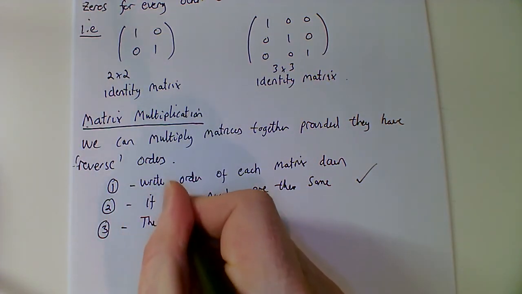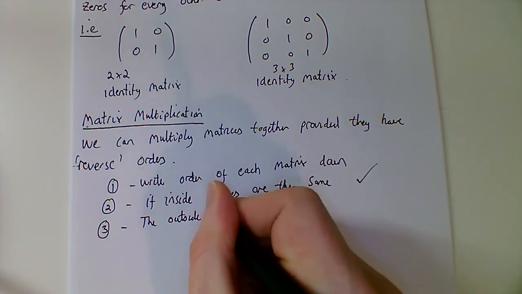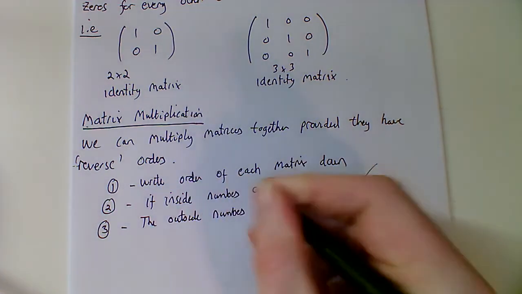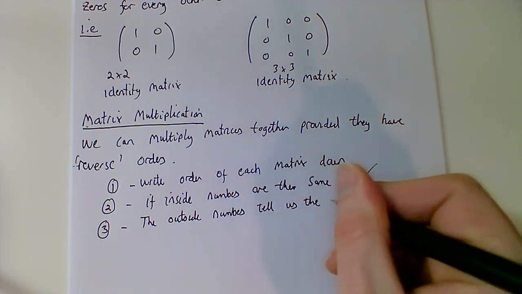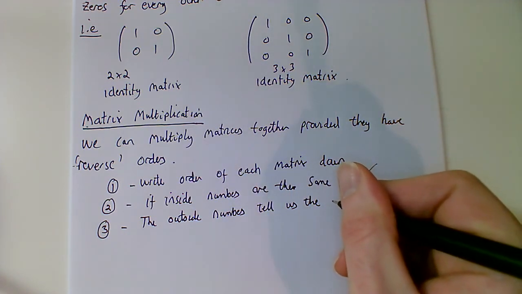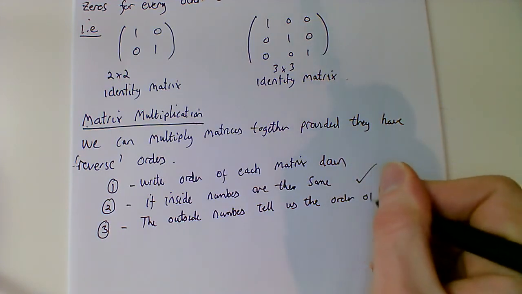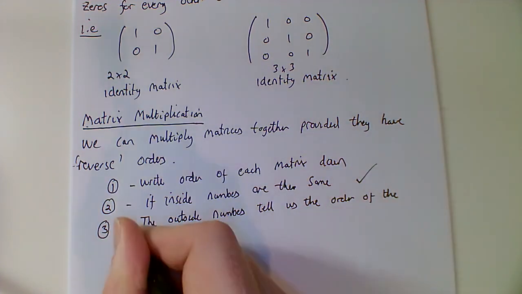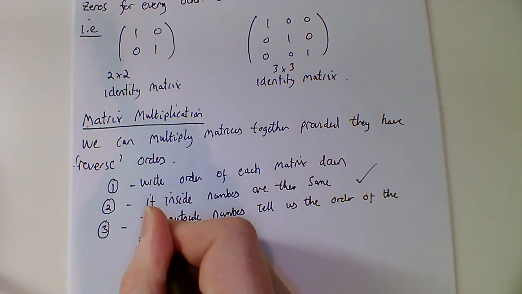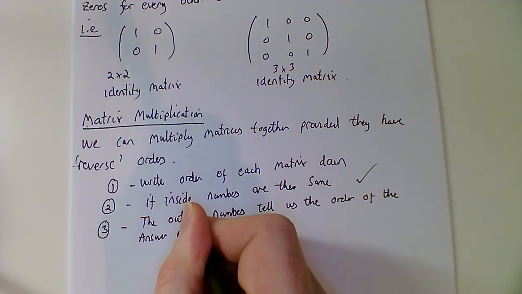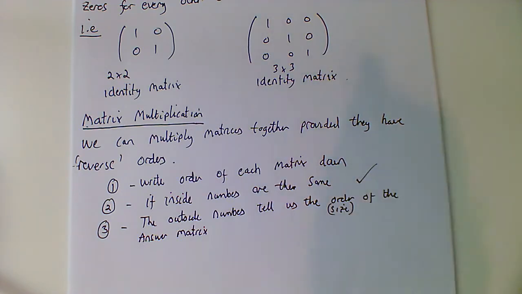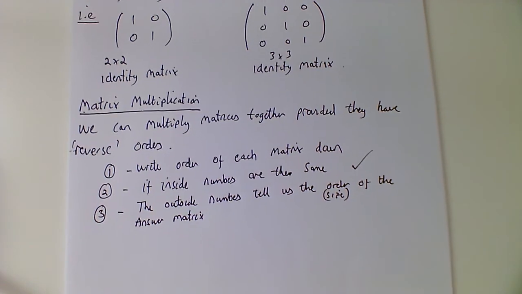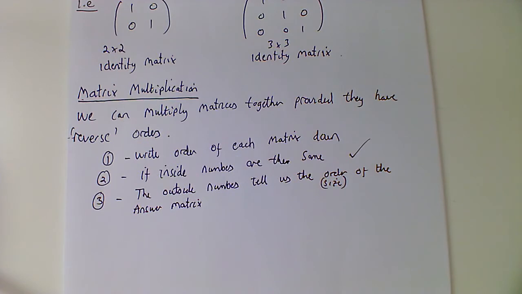The outside numbers tell us the order or the size of the answer matrix.